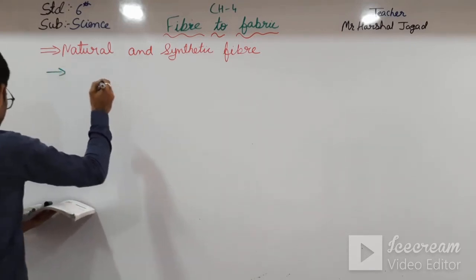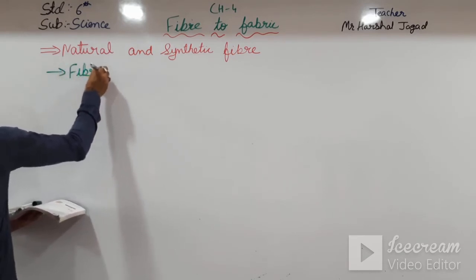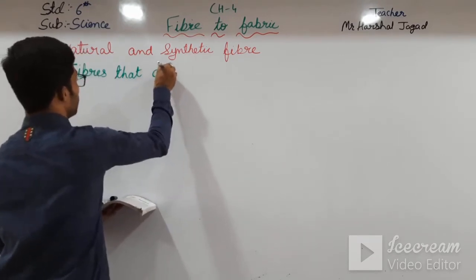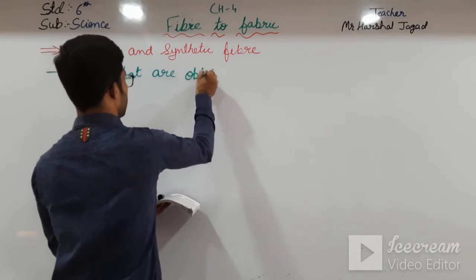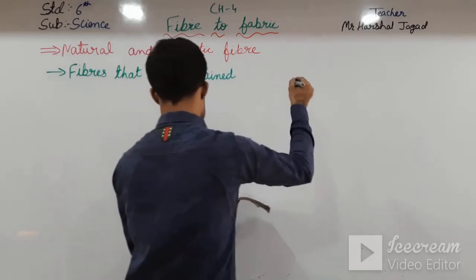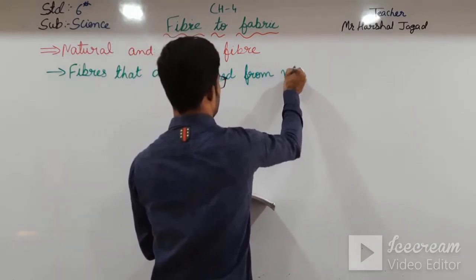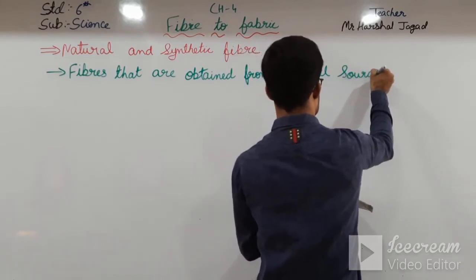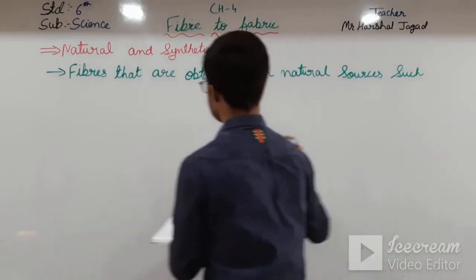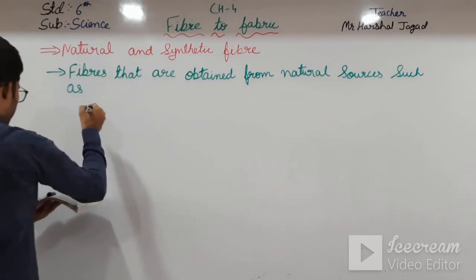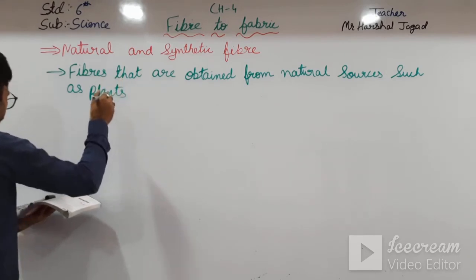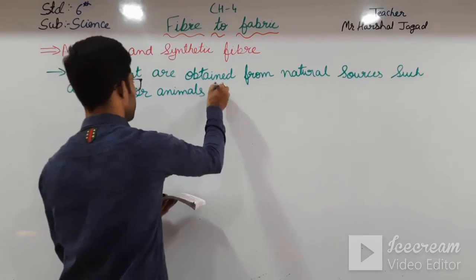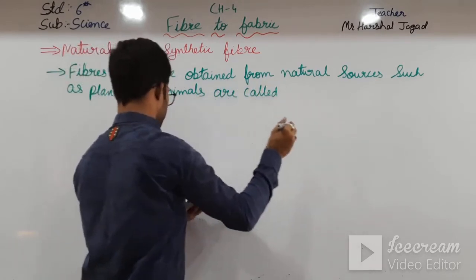See here, what is first of all natural fibers? Fibers that are obtained from natural sources such as plants or animals are called natural fibers.